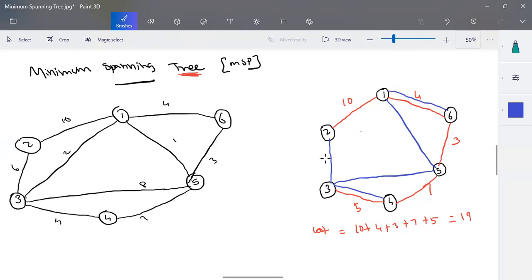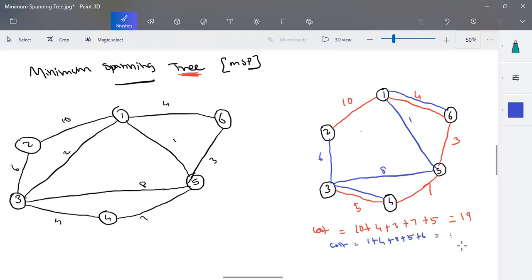All the nodes are connected once, and there is no cyclic pattern inside. The cost of this tree is 1 plus 4 plus 8 plus 5 plus 6, and it goes on.